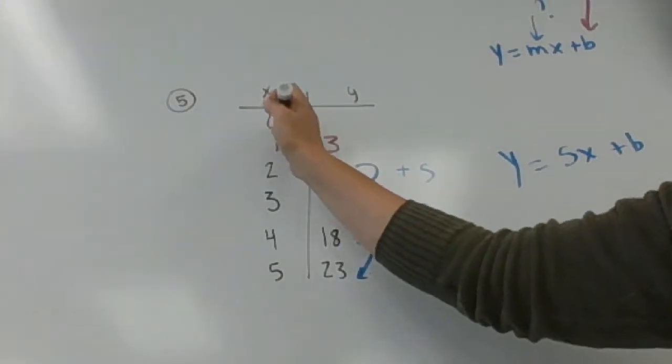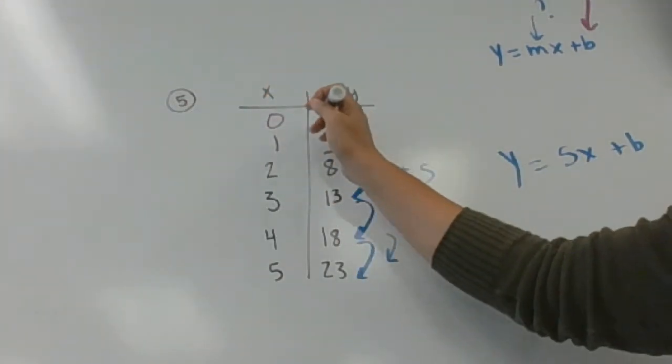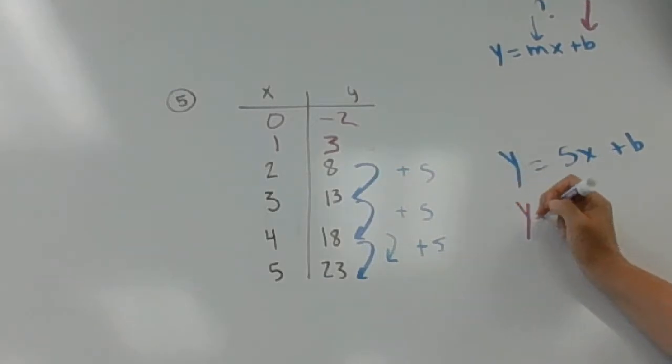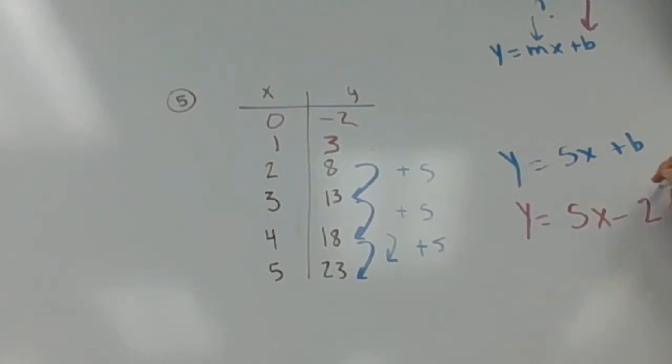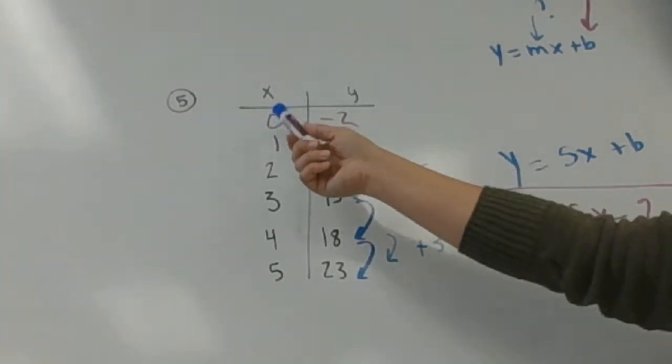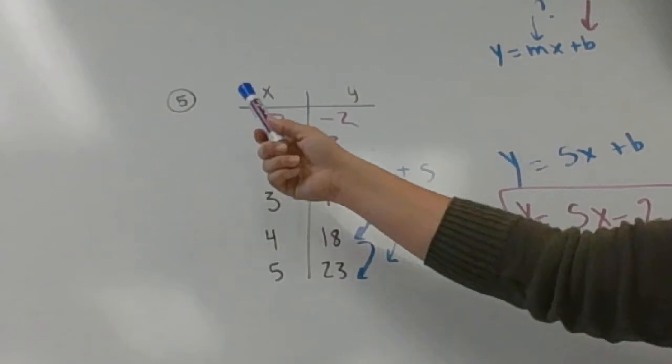And if x was 0, I would go back 5 more and I would be at -2. So when you have these tables, try to follow the pattern backwards to find your intercepts. And at all y-intercepts, x is 0.